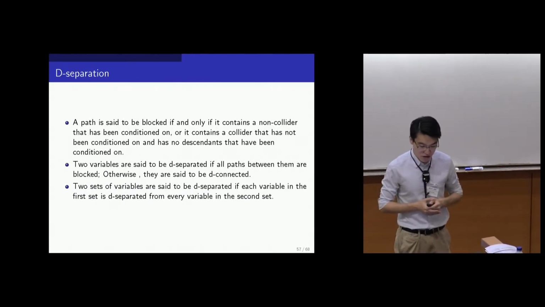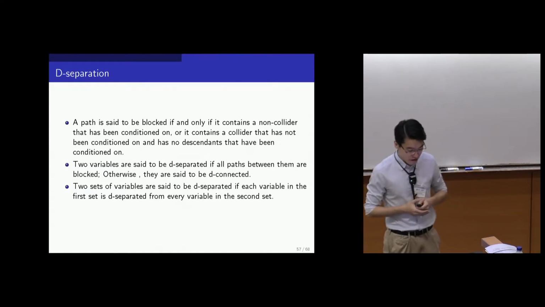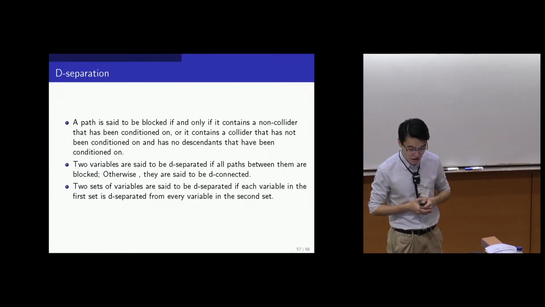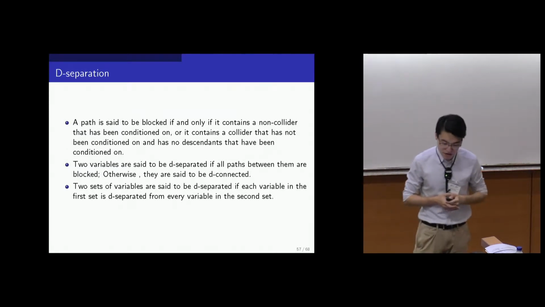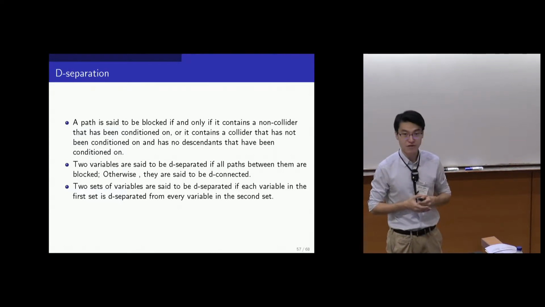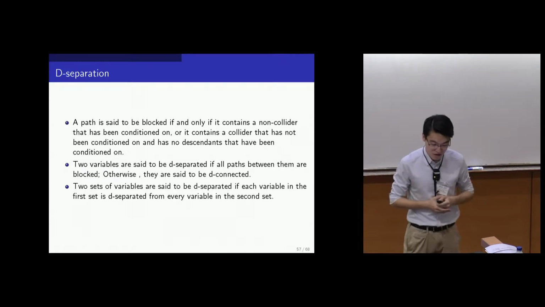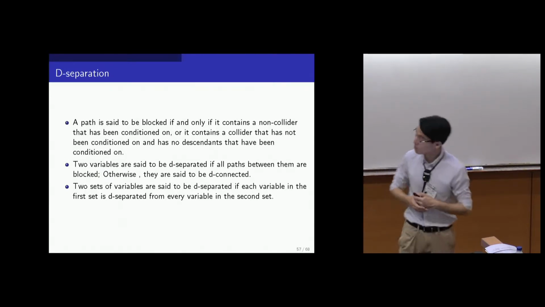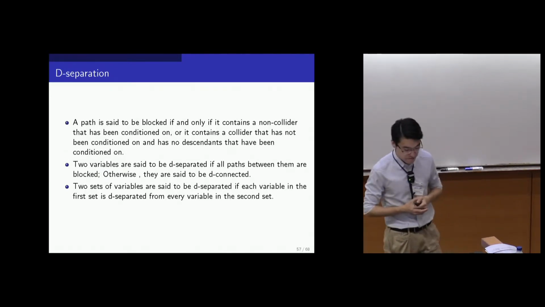Now we will talk about d-separation. A path is said to be blocked if and only if it contains a non-collider that has been conditioned on, or it contains a collider that has not been conditioned on and has no descendants that have been conditioned on. This is just a summary of what we talked about in some of the examples earlier.